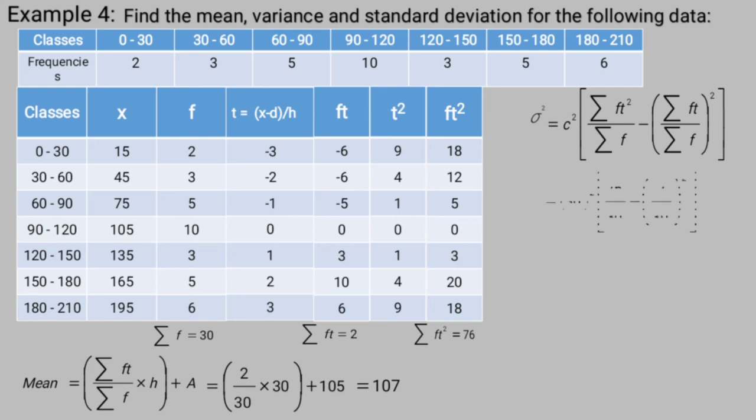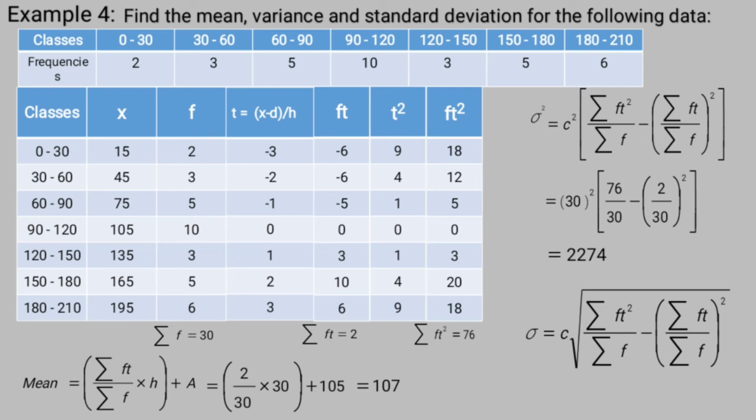Now I'm going to replace the values. That is C, we know it. C is nothing but what? It's the class size that I took, 30. That is h only. Okay. Sigma ft square value is 76 and sigma f is 30 and sigma ft is 2 and sigma f is 30. On further simplification, you will get 2274.